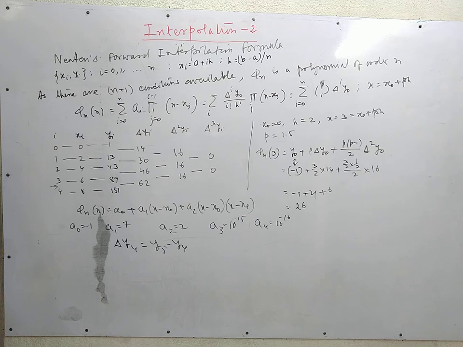But with the advent of high-speed computers, implementation of Lagrange's interpolation formula is not a problem at all. So it would be better to make ourselves conversant with Lagrange's formula, which has a more general nature than Newton's one.